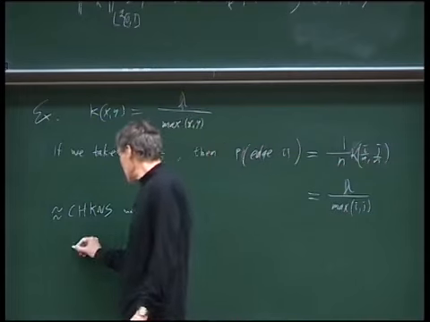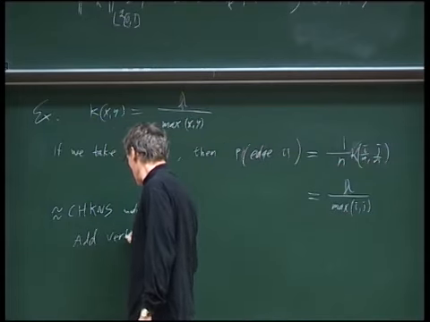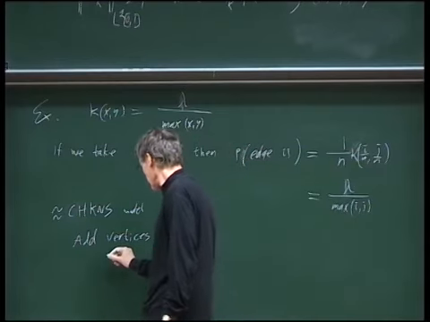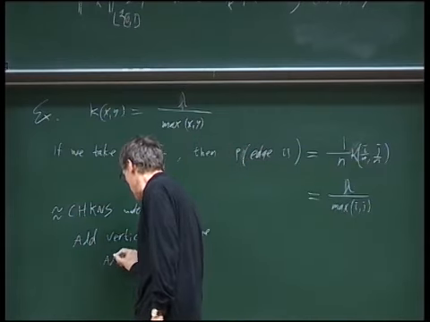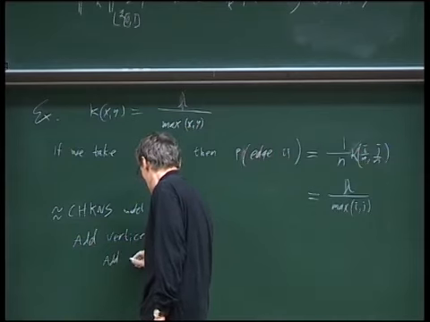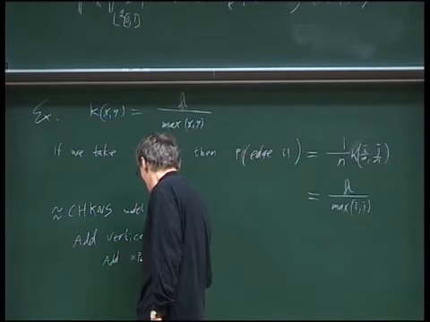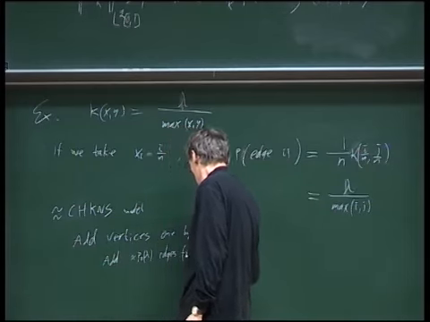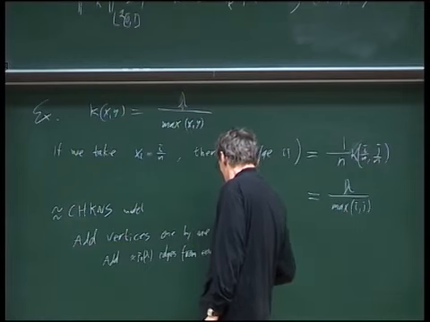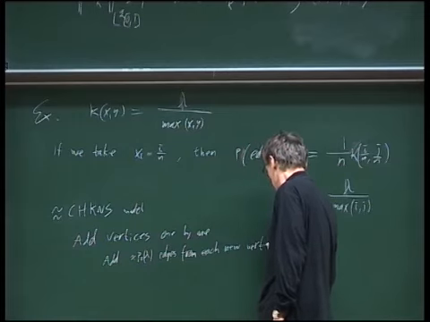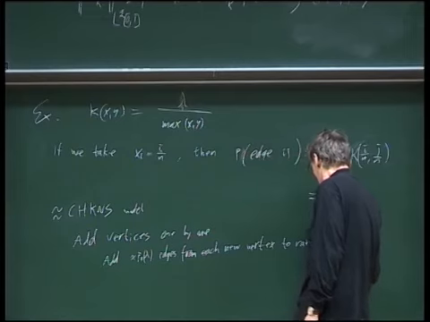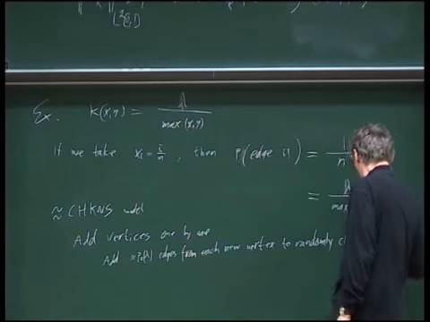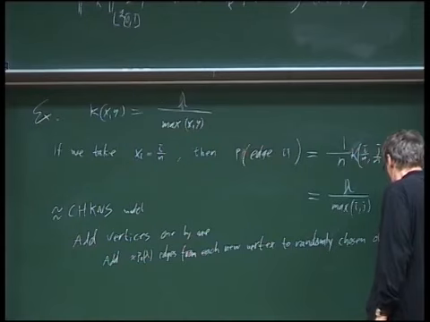So let me just say: add vertices one by one, add, let's say roughly, Poisson lambda edges from each new vertex to randomly chosen older ones.